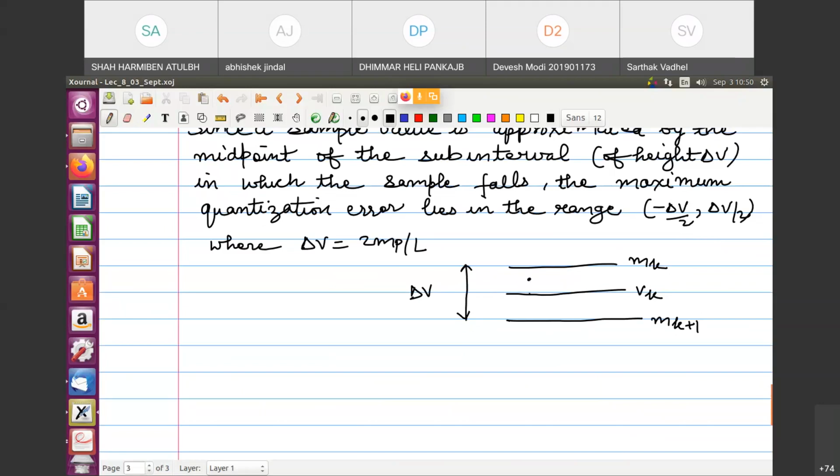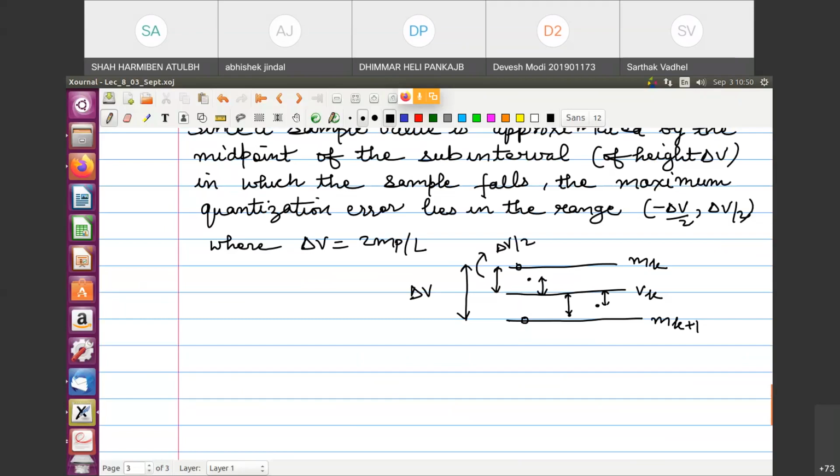So you approximate it by v of k. So what is the error? This is the error which you put in the system. Now the maximum error cases are, suppose something is m of k plus 1, or suppose something is m of k. If it is m of k, you are putting the value as v of k, so this is the error which you are putting. This is delta V by 2.